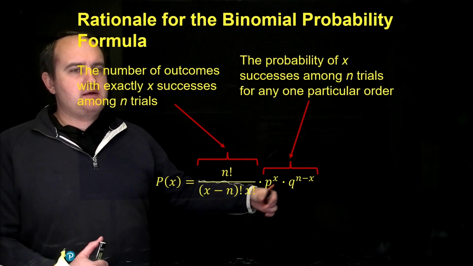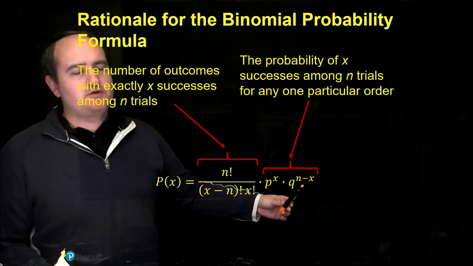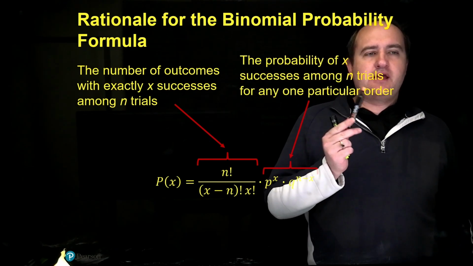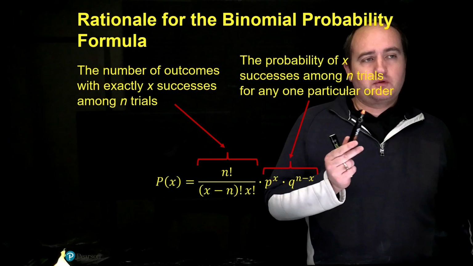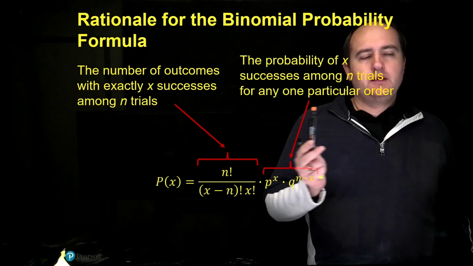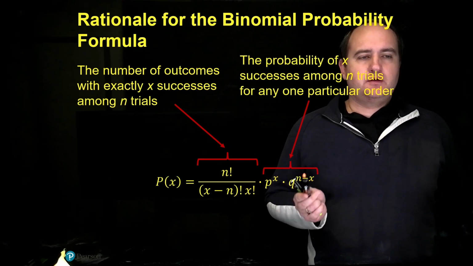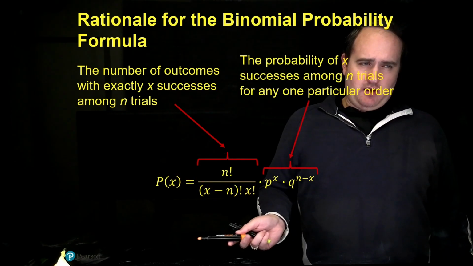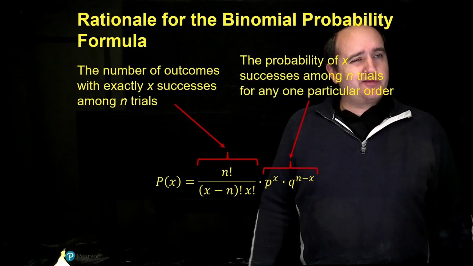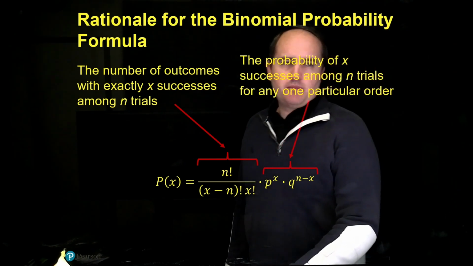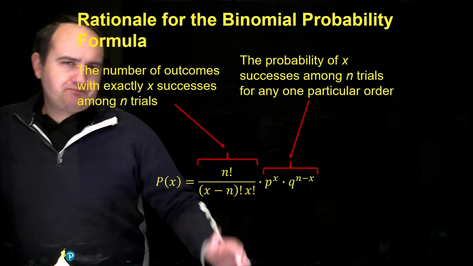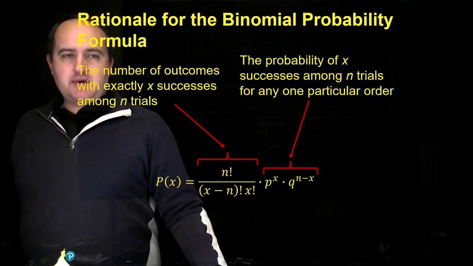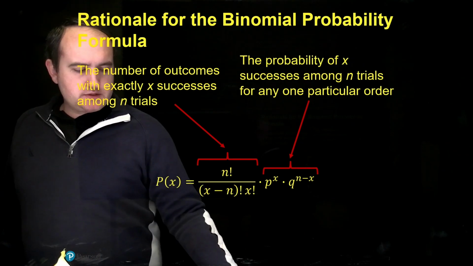And then this over here, the p to the x times the q to the n minus x, tells you the probability of x successes among n trials for any one particular order. Okay, so this includes the order, but then the combinations formula sort of gets rid of the order, roughly speaking. It might be a little more complicated than that, but this is how they describe it in the book. Anyway, the order doesn't matter, and that's why we're doing combinations.